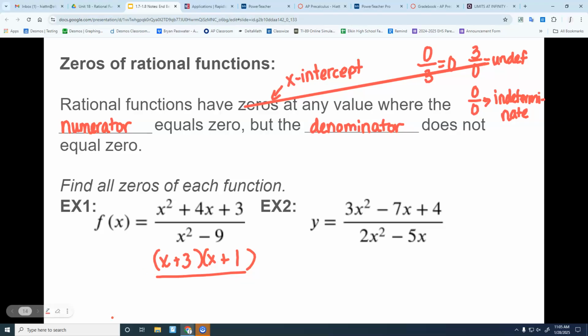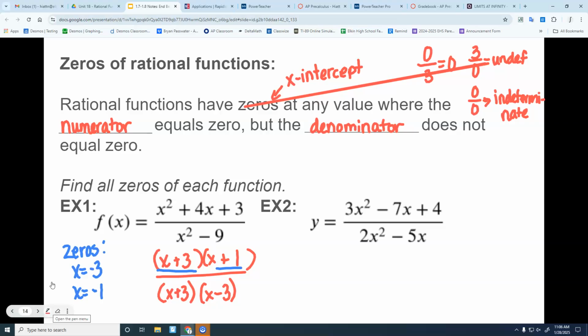The numerator is where I get my zeros, right? So if I've got x plus 3 and x plus 1, my zeros theoretically should be x equals -3 and x equals -1. However, if we look at the bottom of this function, this would be x plus 3, x minus 3.